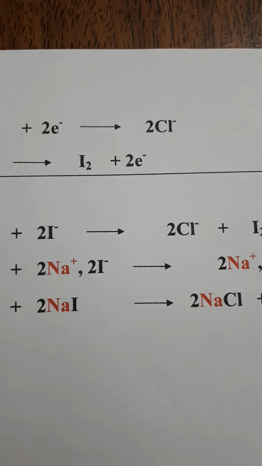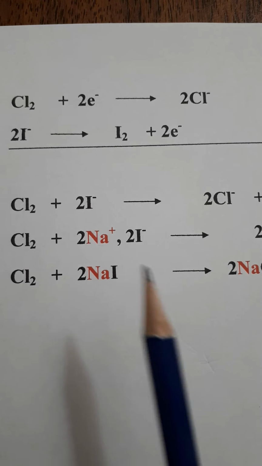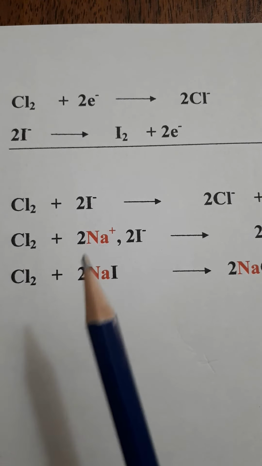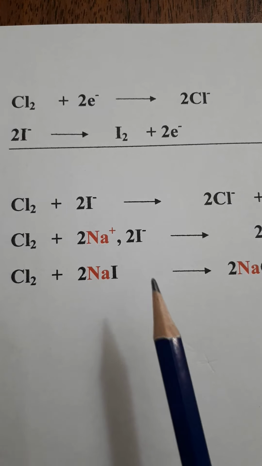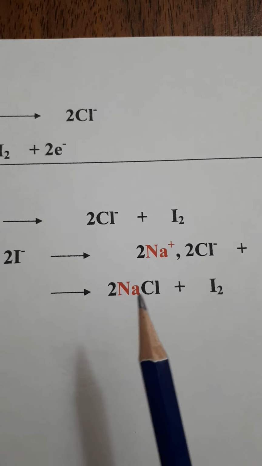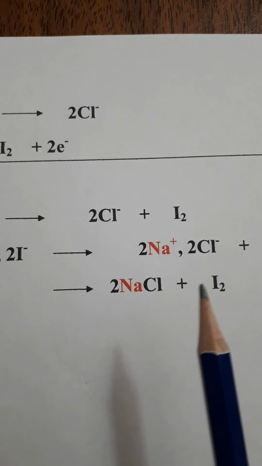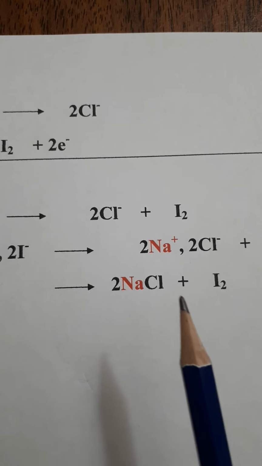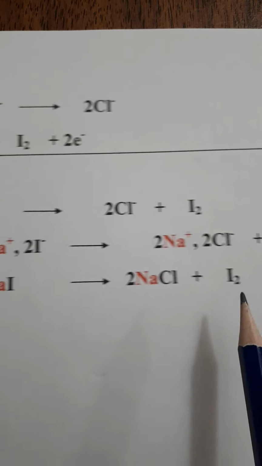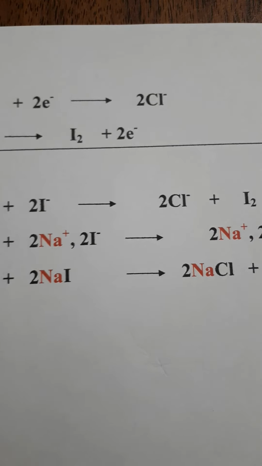On the other hand, without showing ions, without showing charges, we can just simply call it 2 sodium iodide aqueous. Here we can call 2 sodium chloride, 2 NaCl. If you want, you can put it within brackets as a subscript, aqueous. So these are net reactions in part B.